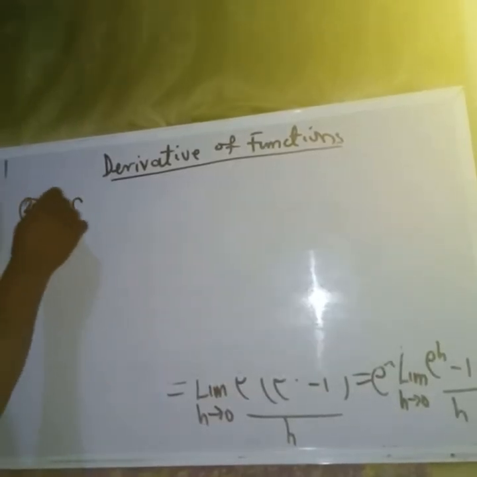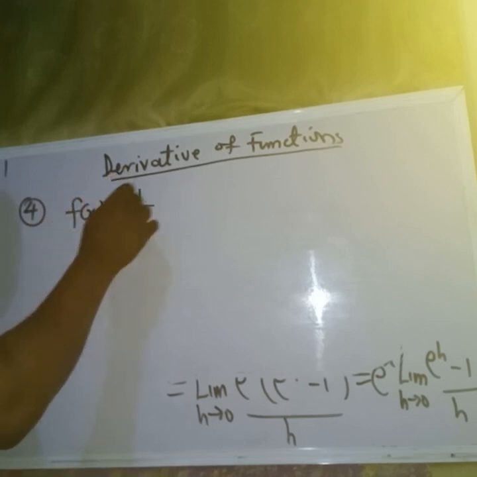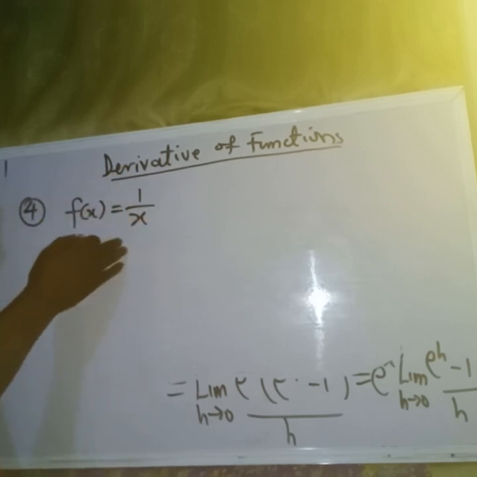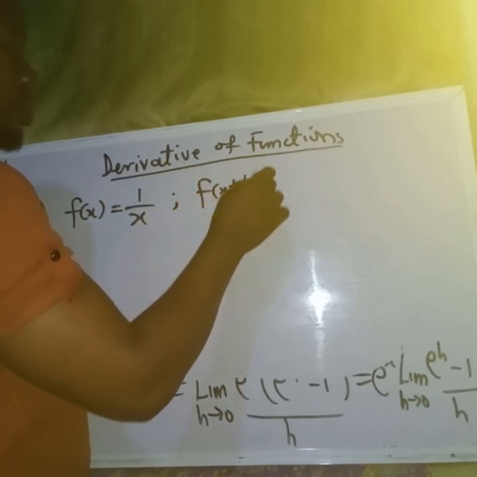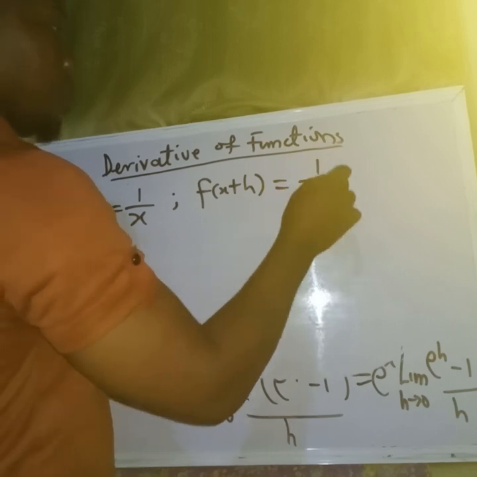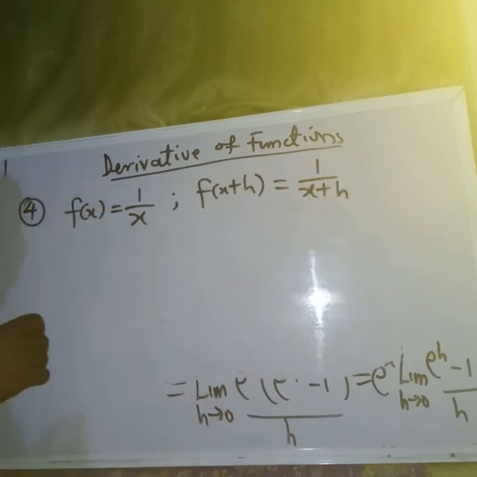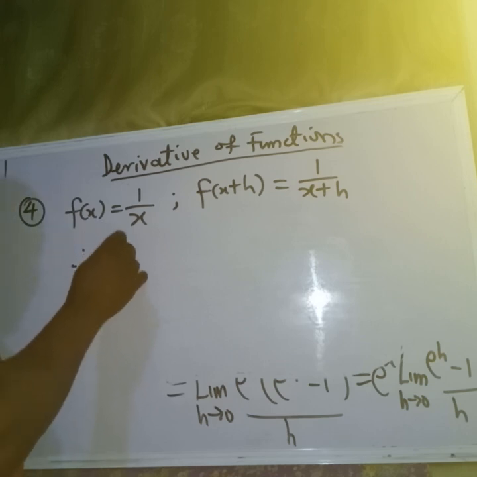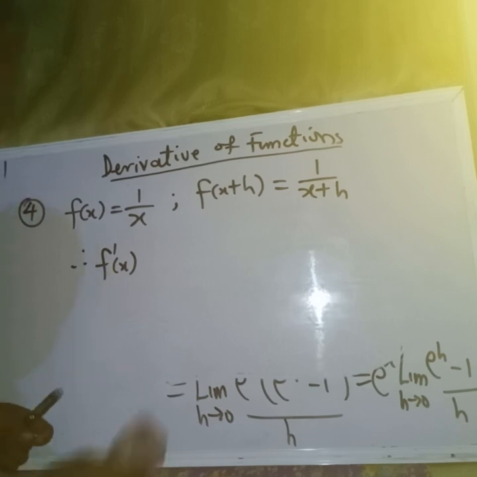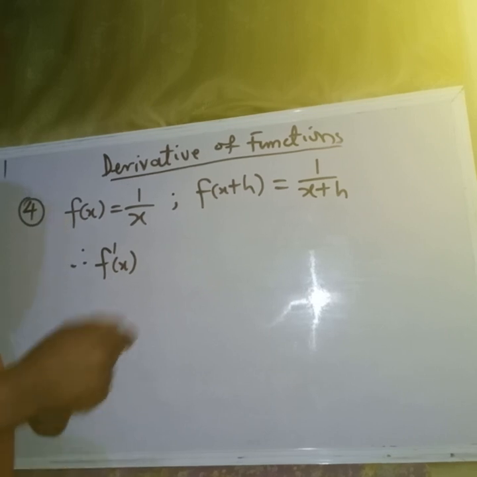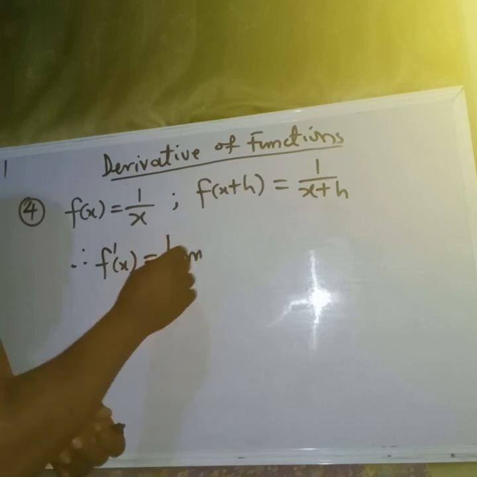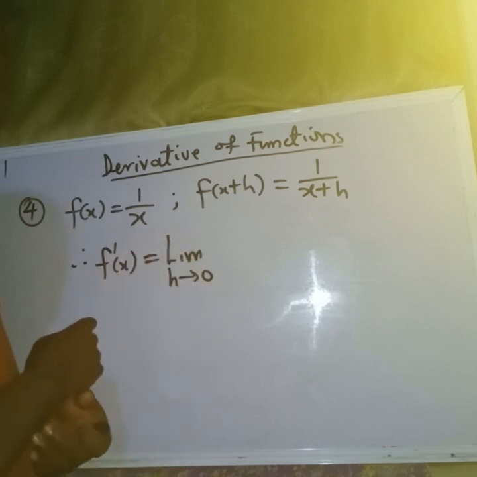Again, if you are given f of x equal to 1 over x, we see that this is a rational function. So the corresponding f of x plus h is 1 over x plus h. Again, if we substitute this into the formula, we have this to be the limit as h tends to 0.